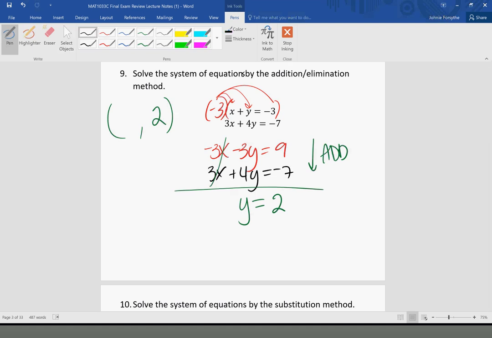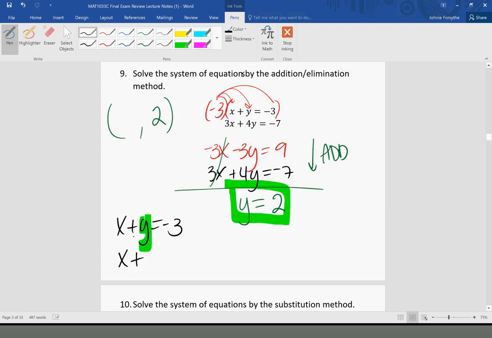Now to get the other half, we're going to pick one of our equations, plug in y equals 2, and solve for x. I'm going to choose the first equation. So we had x plus y equals negative 3. So I'm going to take this y equals 2 and plug it in here for y.